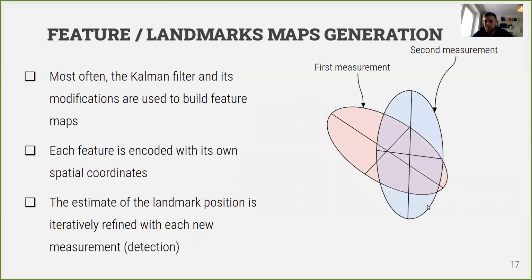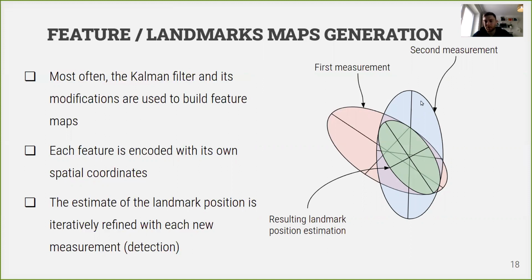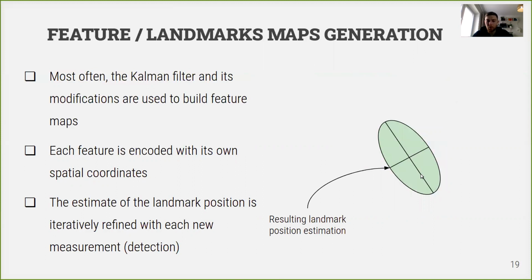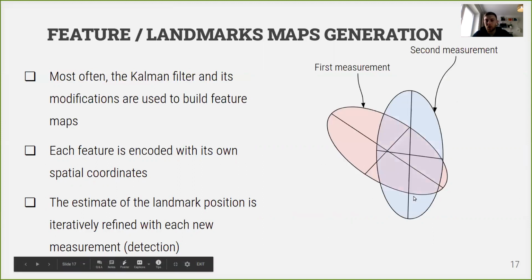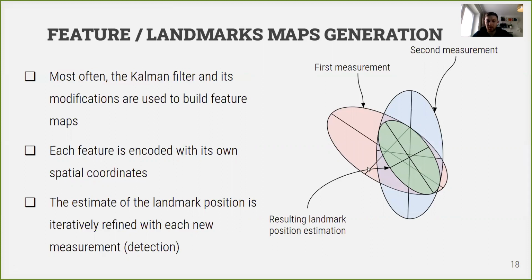And then we have a second measurement. In combining them, you remember that we multiply these Gaussian distributions. We obtain something more precise, and this is the resulting landmark position. With more and more measurements, this position estimation will be more and more precise. And we do that for any feature or any landmark we detect, which could be hundreds or thousands of landmarks.